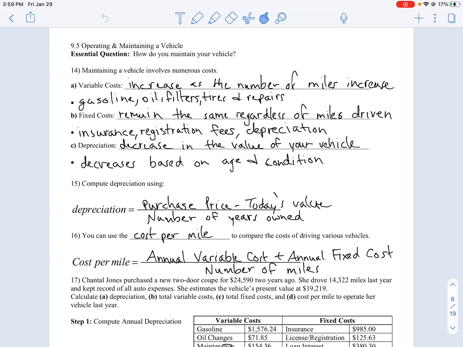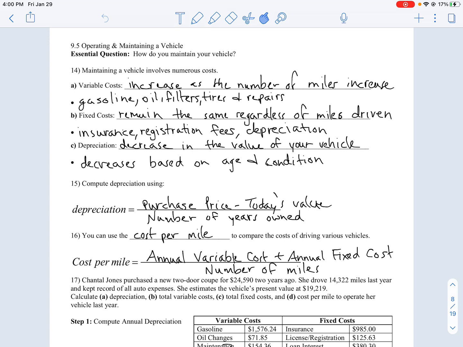So as the car gets older, as the car gets a little more beat up, it's going to depreciate more and be worth less. To calculate the depreciation, we do the purchase price minus what it's worth today, divided by the number of years that you've owned it. That'll tell you how much it's depreciating each year.